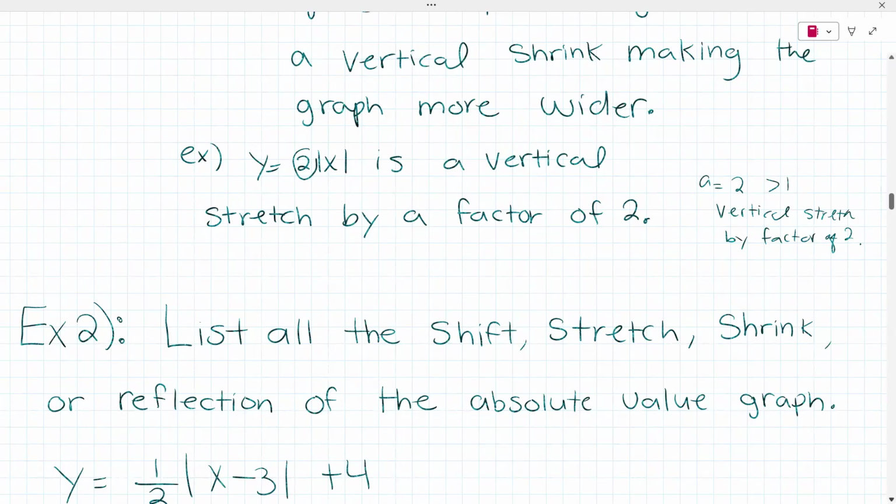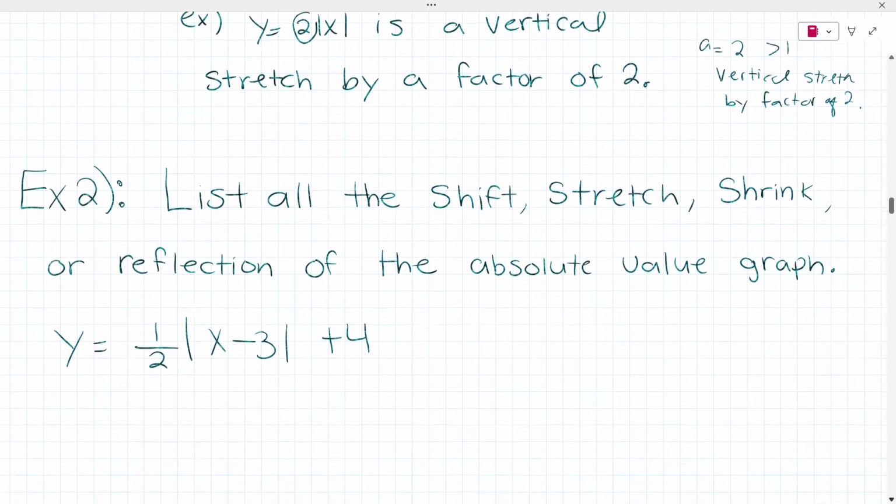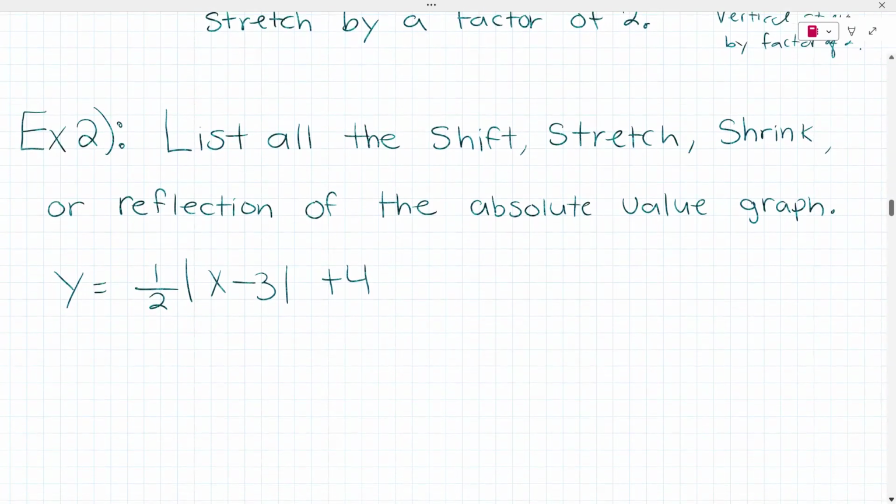Let's do another example. Example 2 says list all the shifts, stretch, shrink, or reflection of the absolute value graph. We have y equals 1/2 absolute value of x minus 3 plus 4. We're going to list everything we know about this graph. Let's start with the shifts.